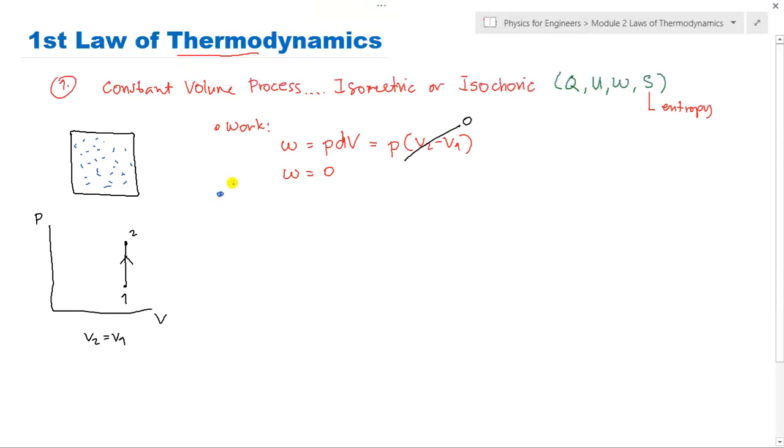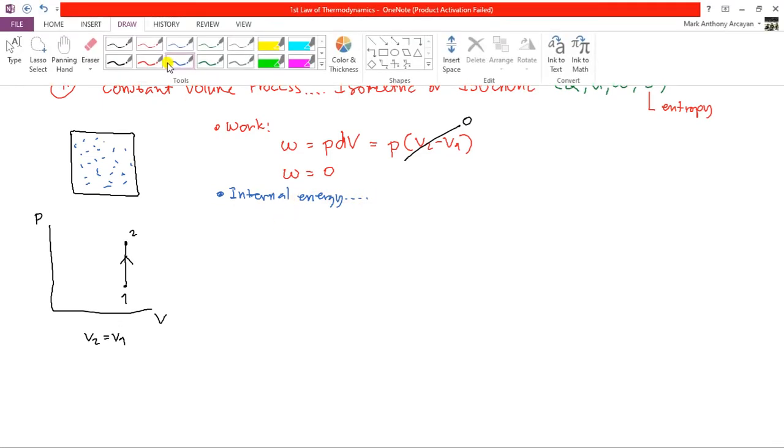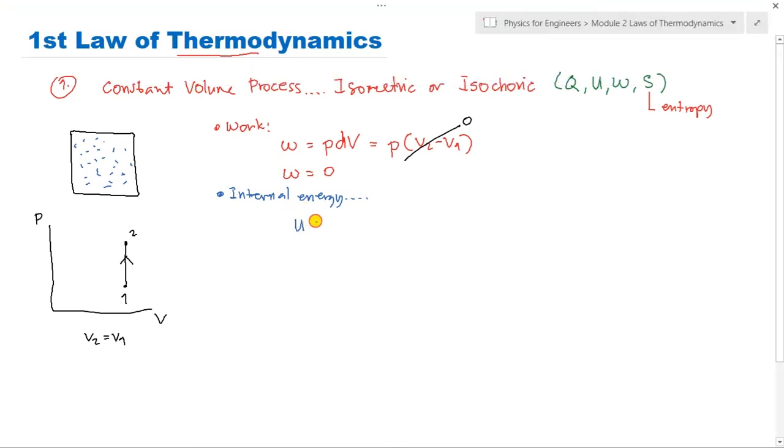Second, let's proceed to the internal energy. The formula for internal energy is U equals the mass of the working substance inside our system, times the specific heat at constant volume, times the change in temperature, delta T, or in expanded form, m Cv (T2 minus T1).